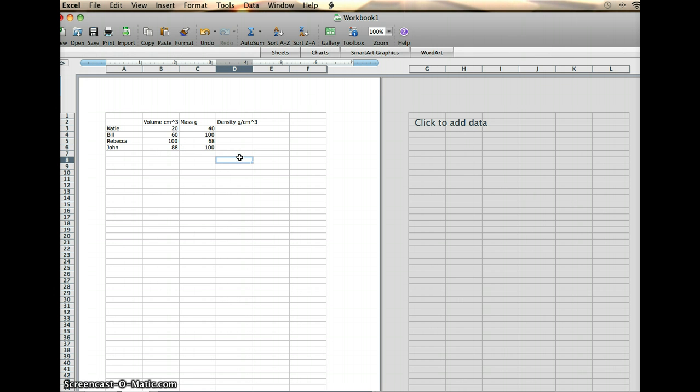Now, see, if you look at this, we have the most grams. Well, 100 was tied, but look, Bill's was 60 centimeters cubed, and John was 88 centimeters cubed. So that just shows that the grams could be a different measurement, no matter what size the volume is. Now, to find density, remember it's mass divided by volume.